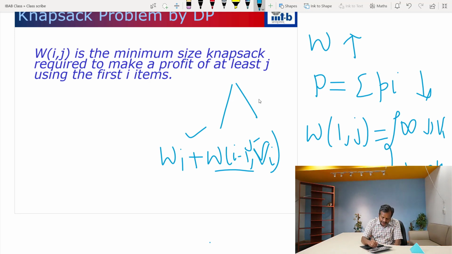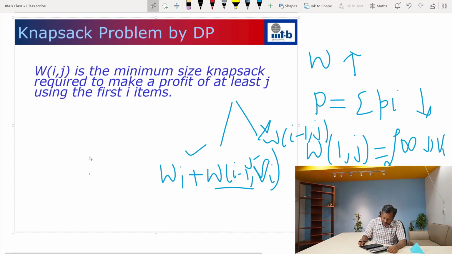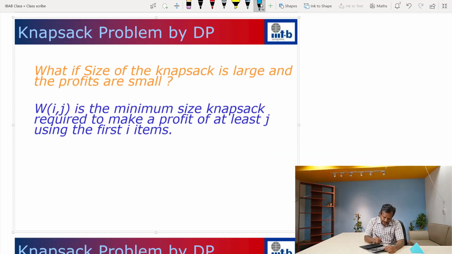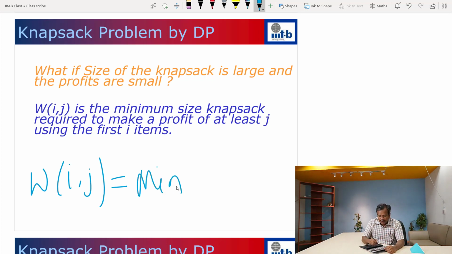If I do not pick the ith item, then the equation that I get will be W of i minus 1 comma j. So I am looking at what is the minimum size knapsack that is required. Out of these two options, I'll pick the option which has the minimum value. So W of i comma j will be the minimum of two quantities.